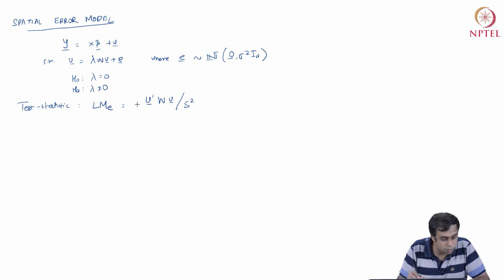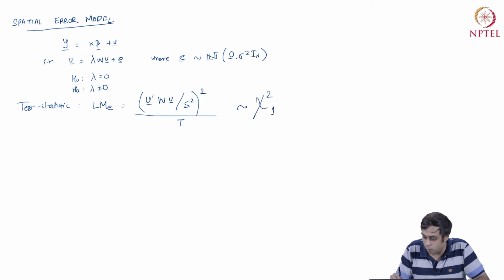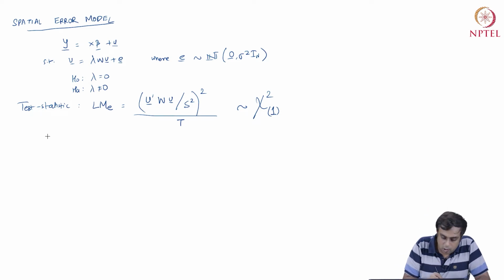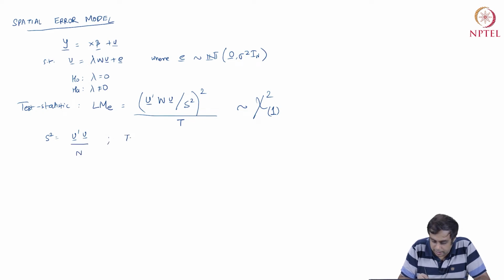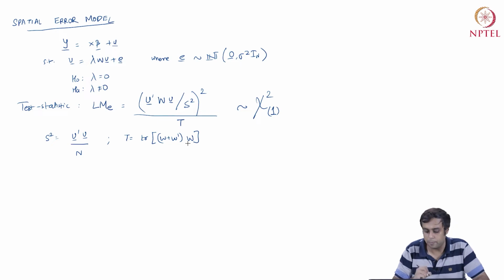This is distributed chi-squared with 1 degree of freedom. Now s squared is nothing but u prime u by n, and T is the trace of (W plus W prime) dot product with W.